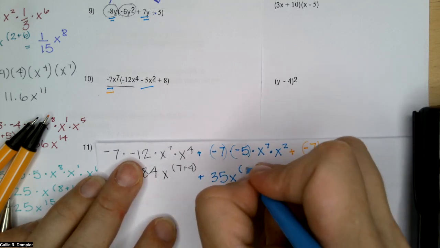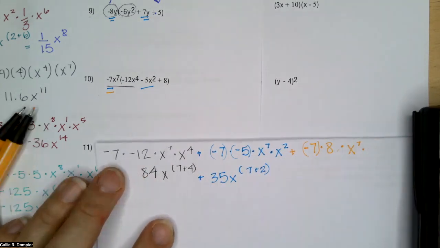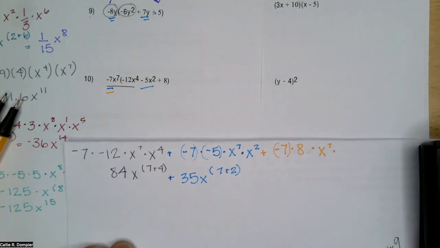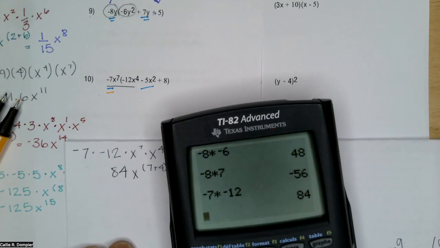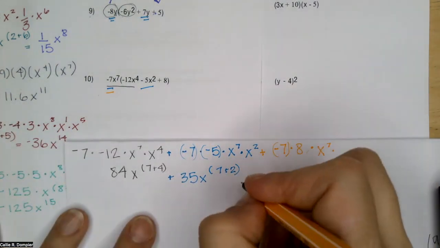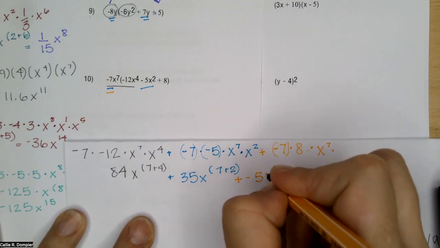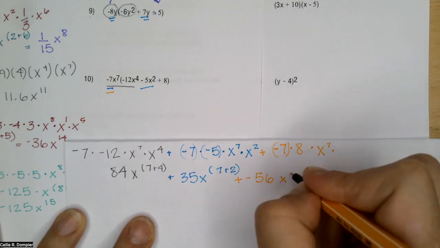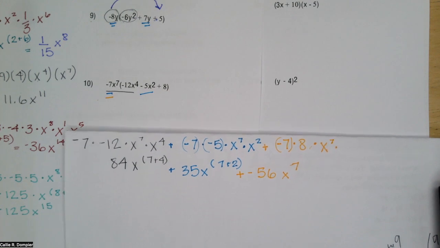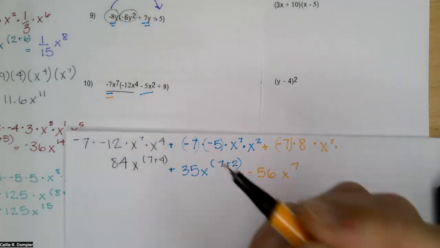X to the 7 and 2. Negative 7 times negative 8. Didn't we just do that? Negative 56. So we're saying plus negative 56 x to the 7th, because there's no x with the 8.